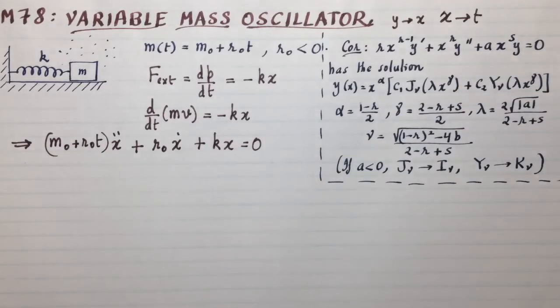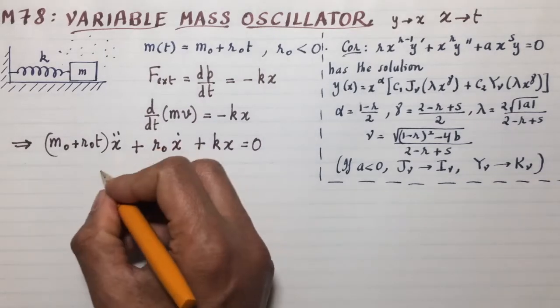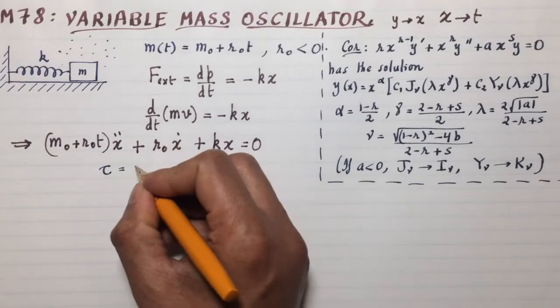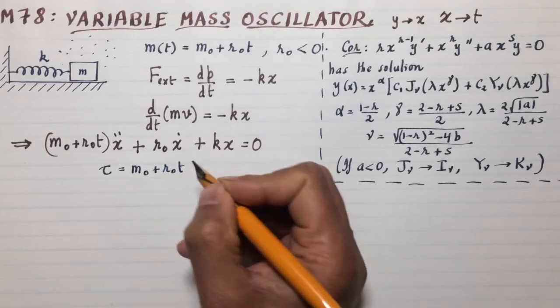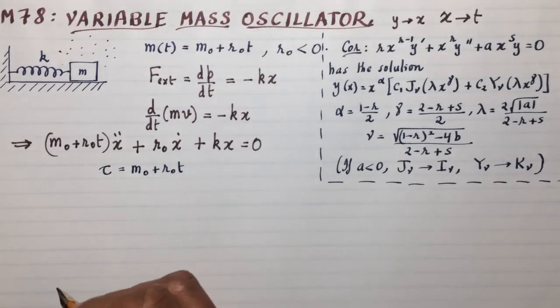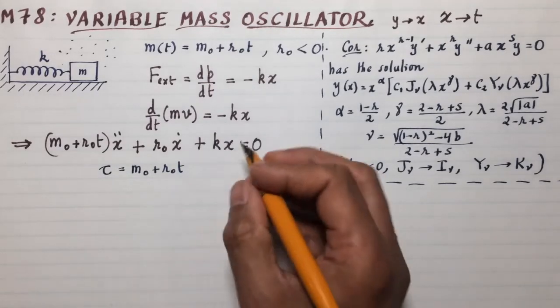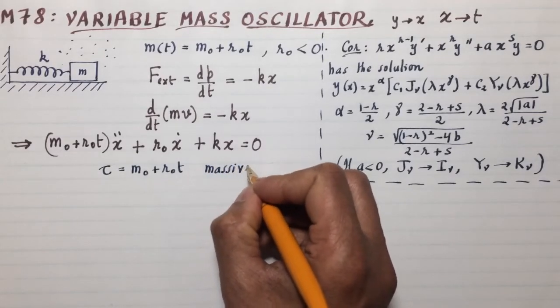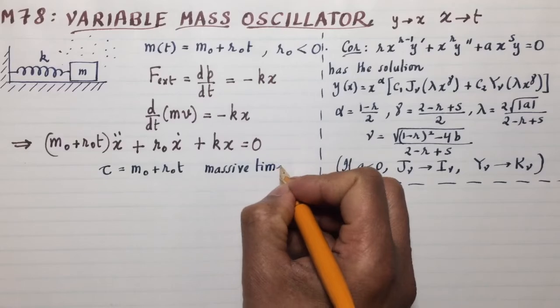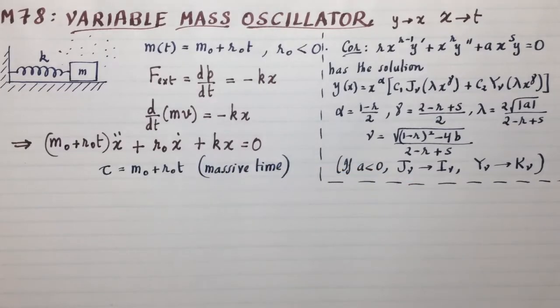So we have to make a scaling transformation. Let's call the scaled version of time tau. So tau is equal to m naught plus r naught t. Not a big deal. It's just a notion of massive time. Hope it doesn't bother you too much.